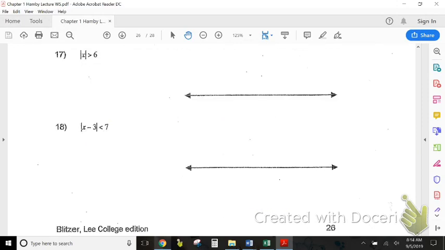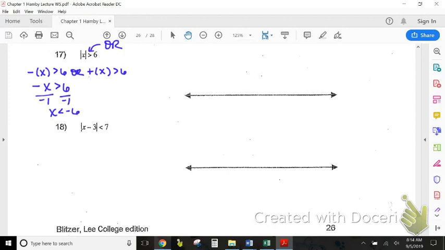Alright, so how about 17? Well, we know the x that's inside, so we can take the negative of what's inside. It's greater than 6. Or the positive of what's inside is greater than 6. Now, since this is a greater than symbol, right? This is going to be our or statement. Because it's a greater. So let's solve both of these.